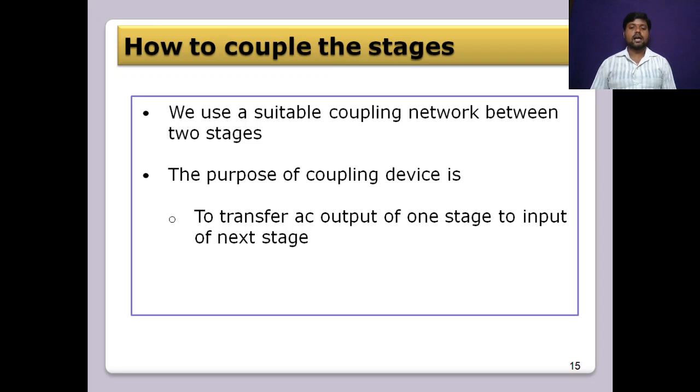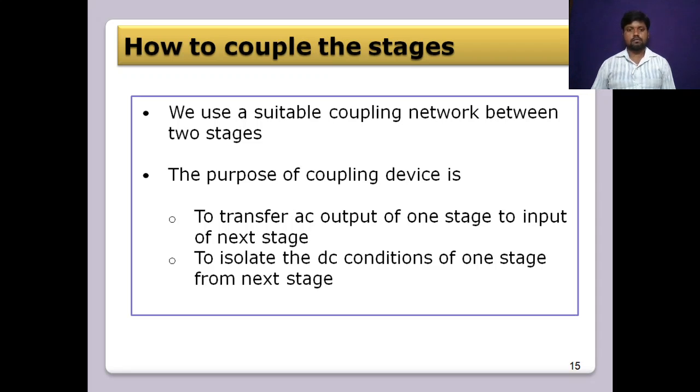The DC isolation of one stage from the next stage is necessary, so we need to use a coupling device. Only the AC signal must be transferred to the next stage, not the DC, and we need to isolate the DC conditions of the two stages.